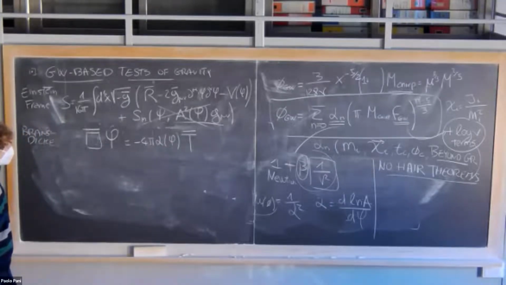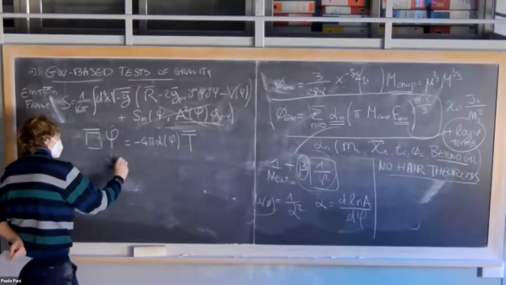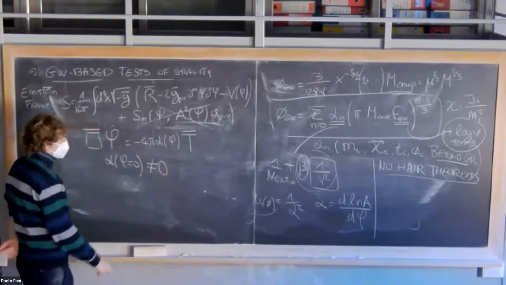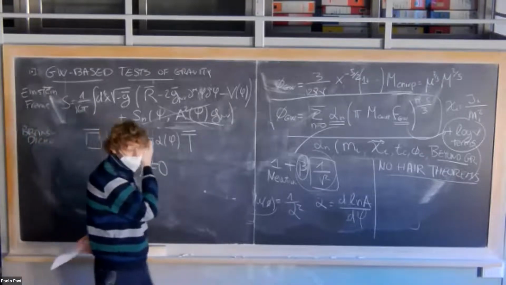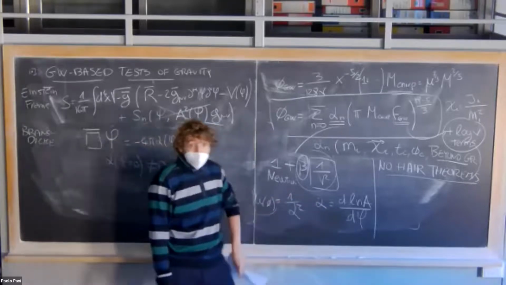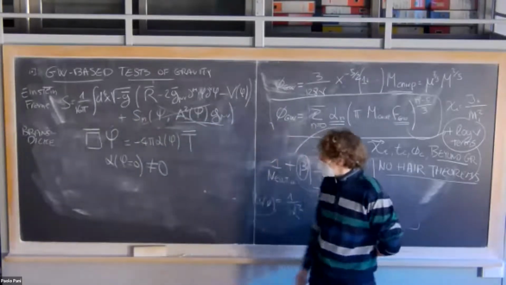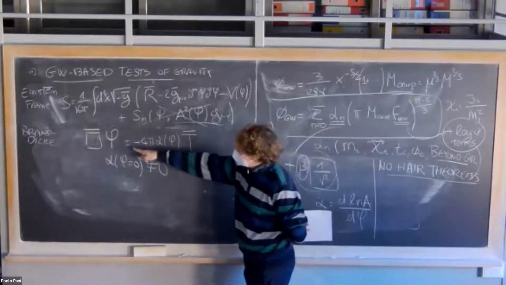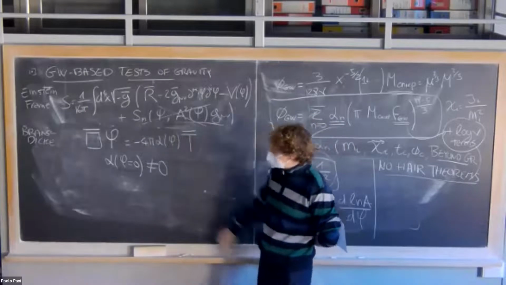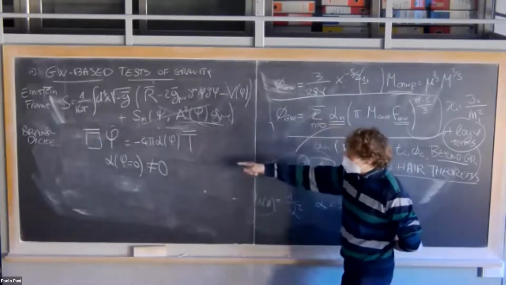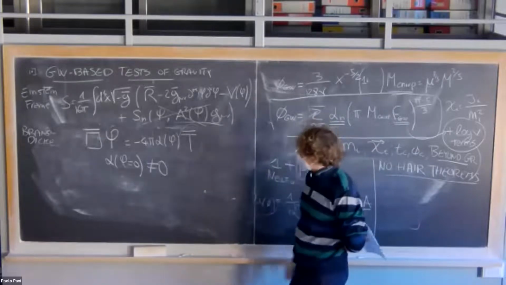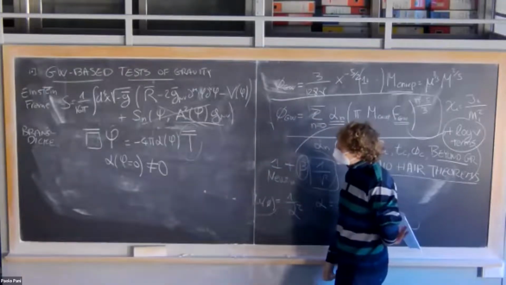And you see, if alpha of phi equal to 0 is not 0, so of course it depends on this coupling constant here, which eventually depends on this and on omega, then phi equal to 0 is not a solution of this equation. This is the trace of the stress energy tensor. So for a neutron star, this is not 0, it is roughly given by the density of the fluid.